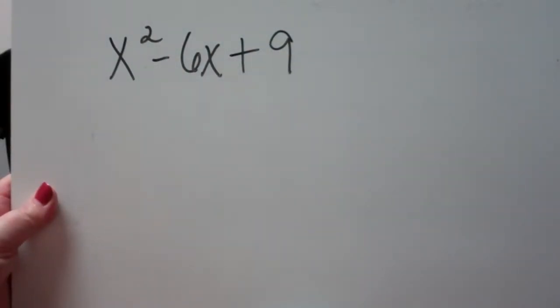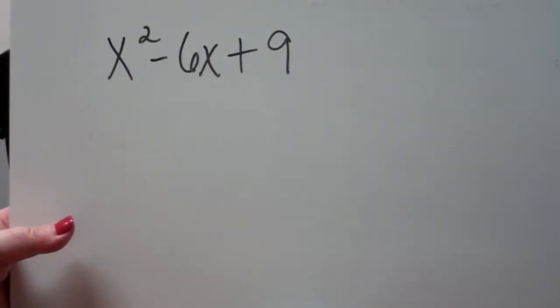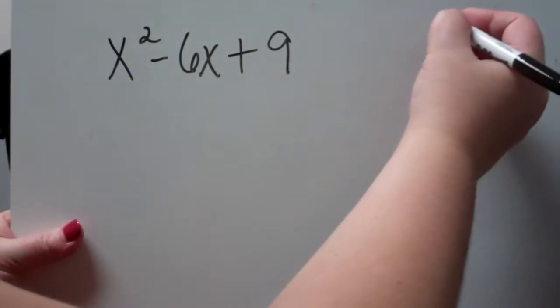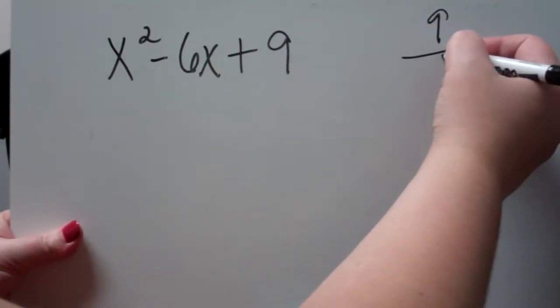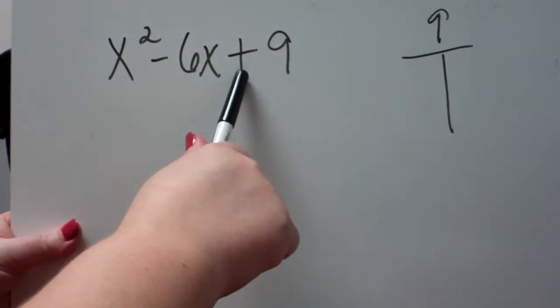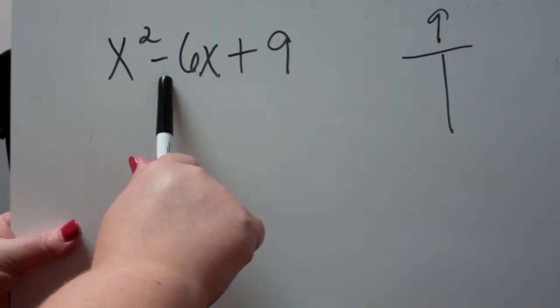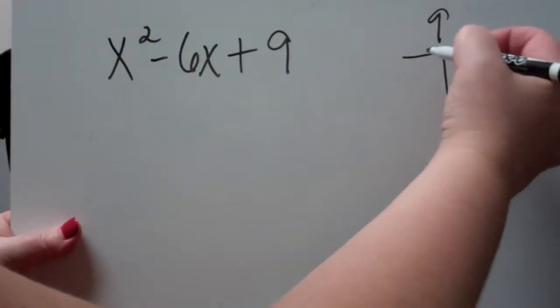We're looking for two numbers that multiply together to give us a positive 9 and add together to give us a negative 6. Let's think about the sign of those numbers. Multiply together to give us a positive, add together to give us a negative. They're both going to be negative.